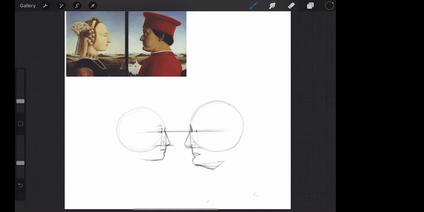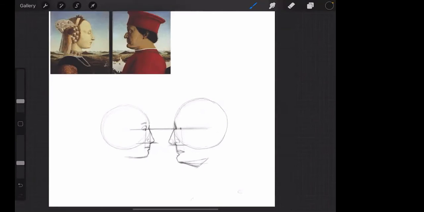It doesn't have to be exactly same as the reference photo, but just to use the basic proportion rule. And there is eyebrow above the eyelid. And I think it's a smaller lip.